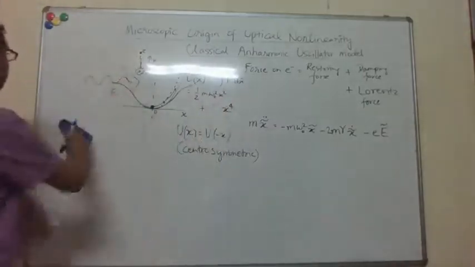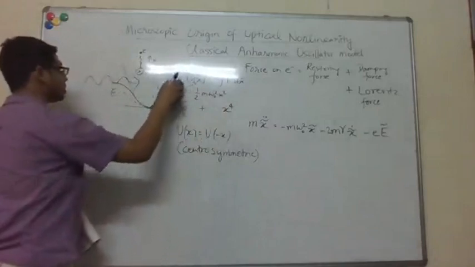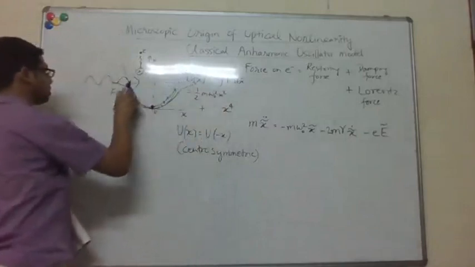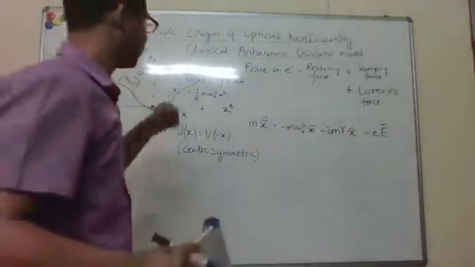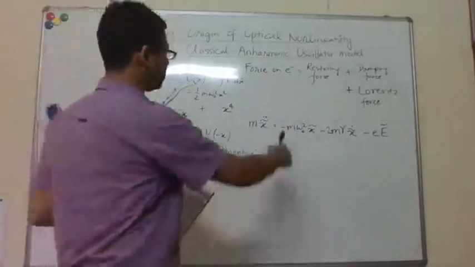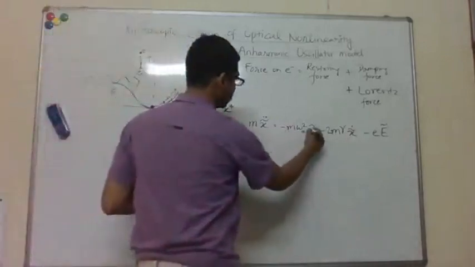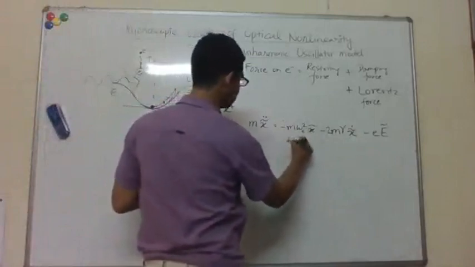Because x cube will, as I said, give you a non-centrosymmetric potential, right? So what we can do is in the restoring force, we can add a term which is now proportional to x cube, right? So let's say we add this term.